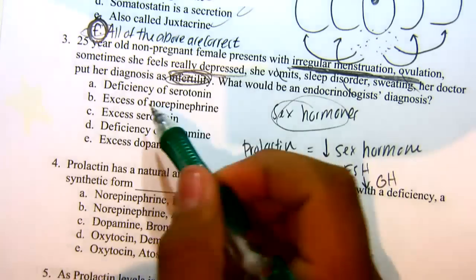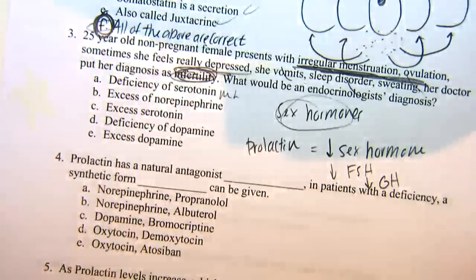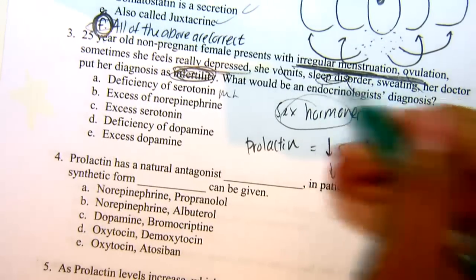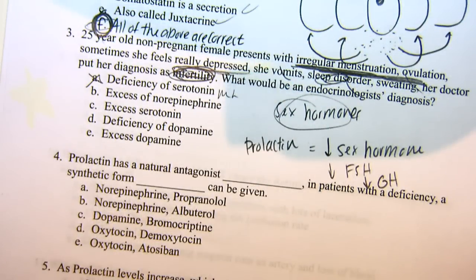So deficiency of serotonin, kind of, because if you don't have serotonin, you can't really sleep. But that doesn't explain the irregular menstruation. Excess norepinephrine. What do we know that norepinephrine does? Yeah, we use it for our autonomic nervous system, specifically the sympathetic nervous system.